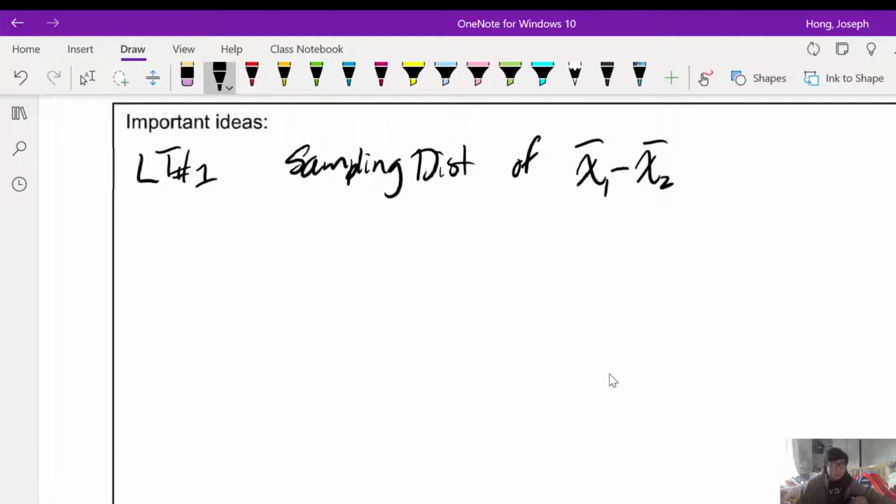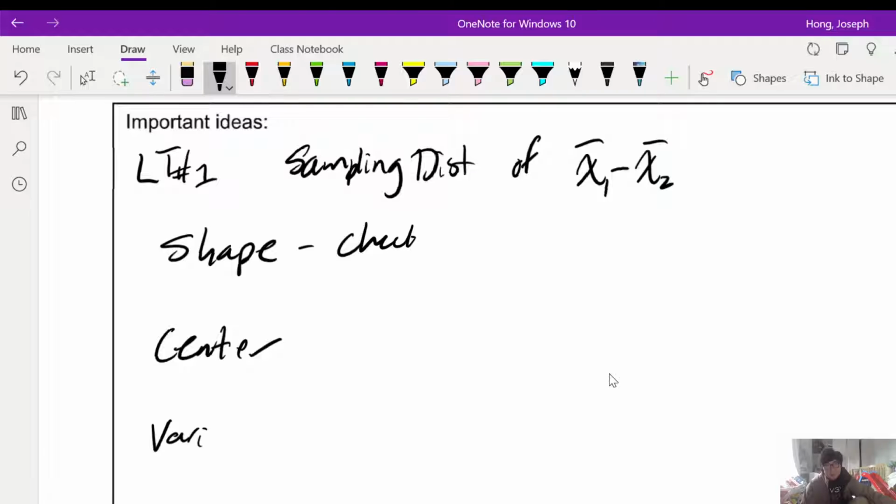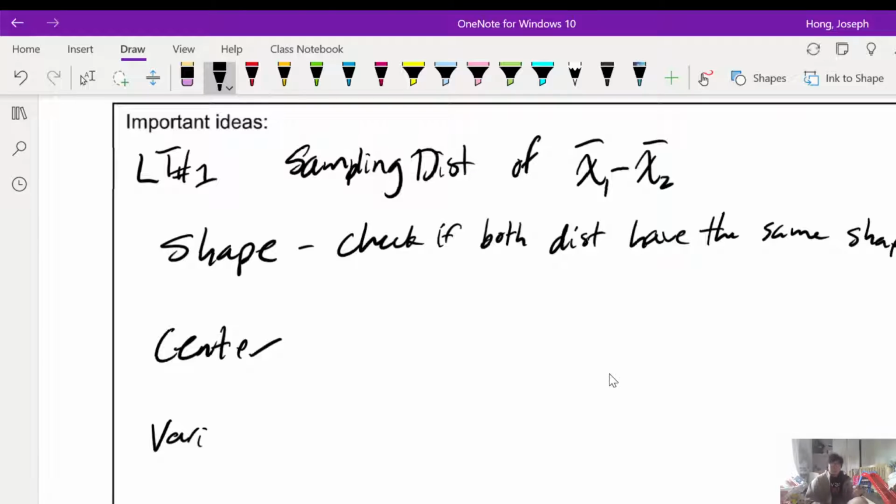So we're going to do the SOCs here: shape, center, variability. For the shape, you're going to check if both distributions have the same shape. If the shapes don't end up matching, you can safely assume that you did something wrong on the AP exam.